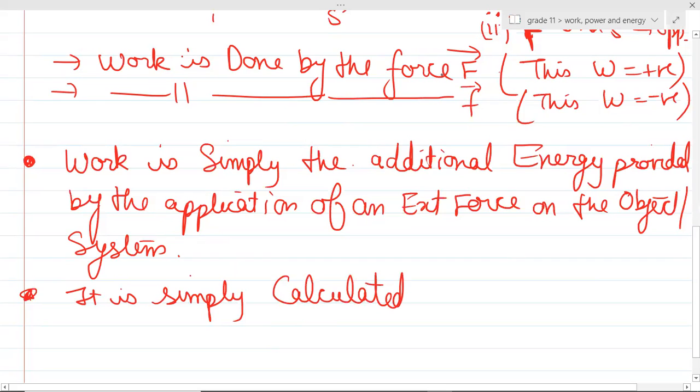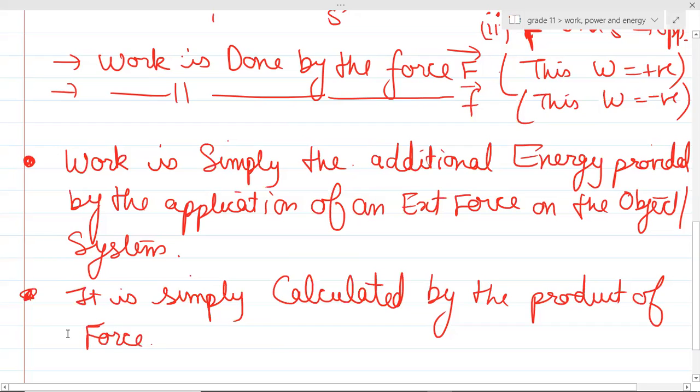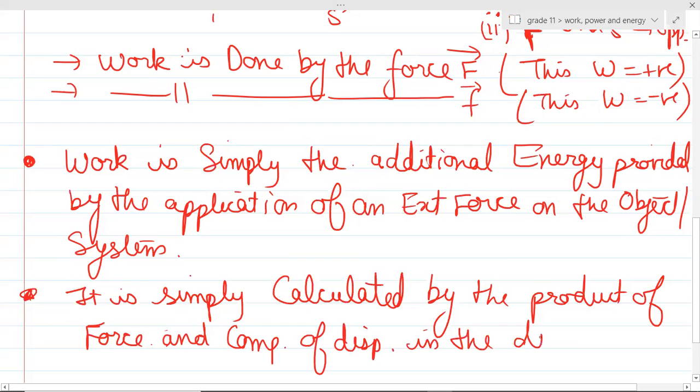Guys, are you writing along with me? So it is simply calculated by the product of force and the component of displacement in the direction of force.